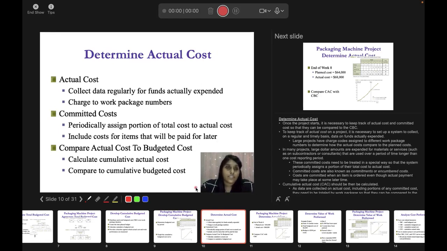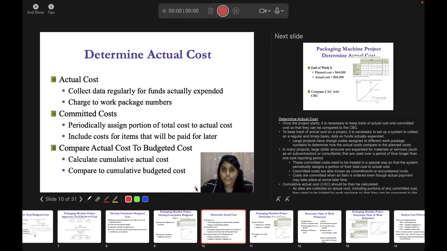Once you have estimated the rough figure, you will have the actual cost. Okay, when you go into activity 1, when you go into activity 2, all the actual cost will be incurred. So for actual costs, you collect data regularly for funds actually expended, charged to work package numbers, right? Because this actual cost will happen from activity to activity.